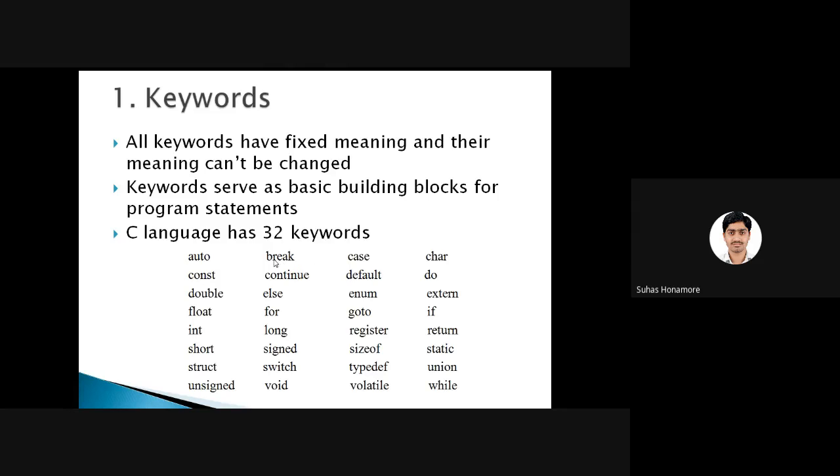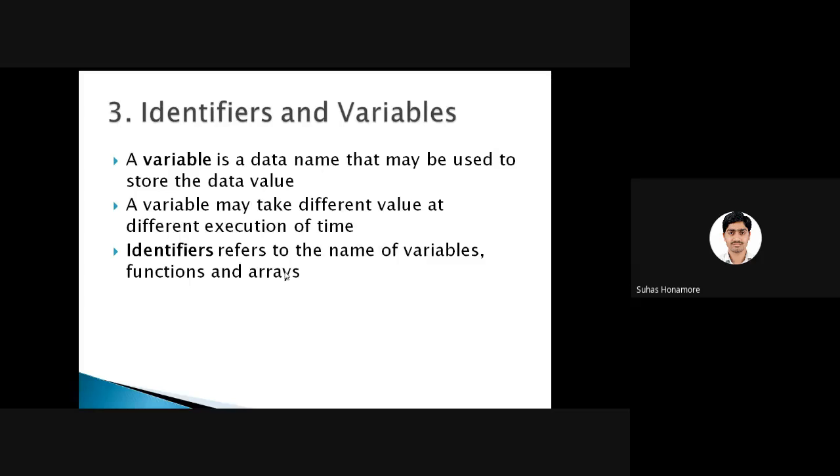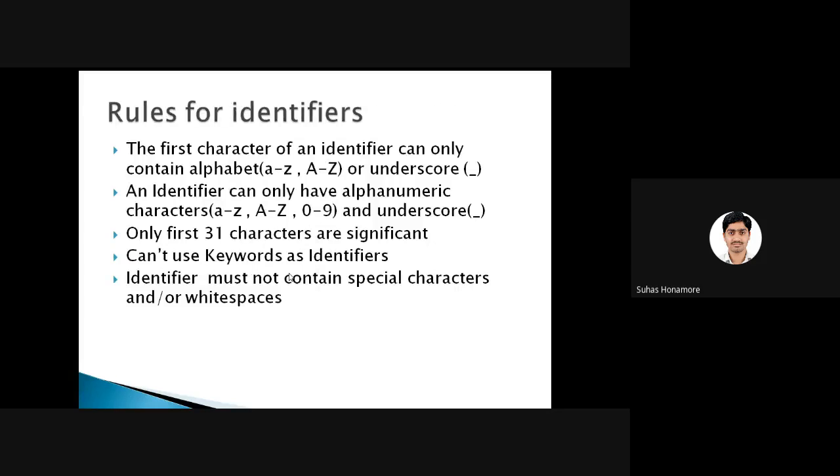Suppose a break statement came, so the break keyword came, and the system will know what task it has to do. If you try to give an identifier with the same name, two different tasks would happen. That's why the system does not allow it. For keywords you already have a predefined meaning, so those you should not use as identifier names.